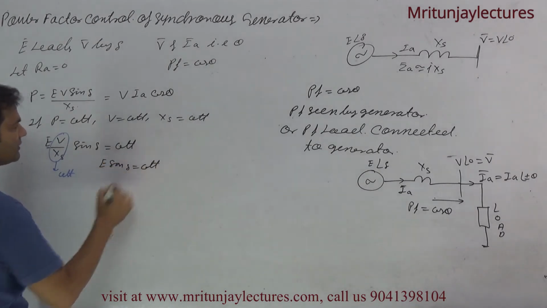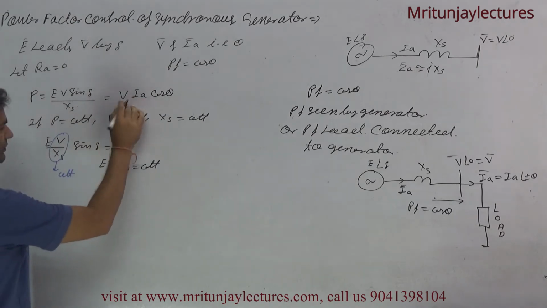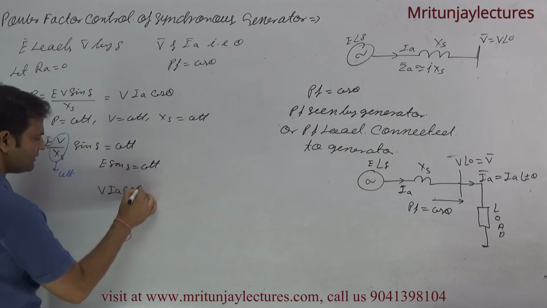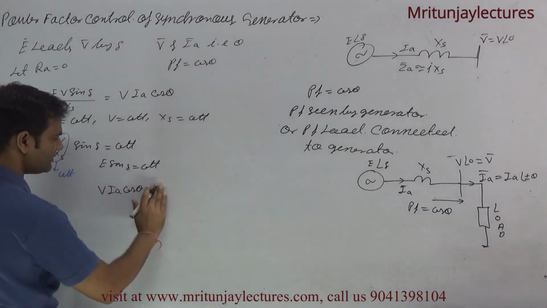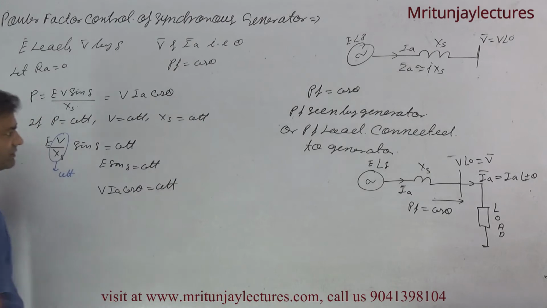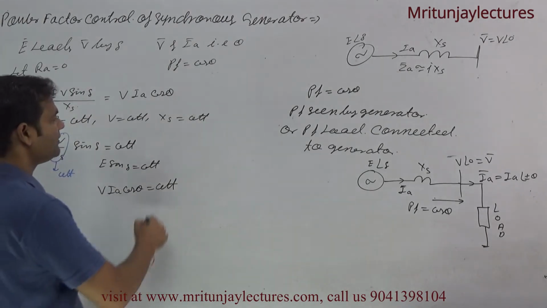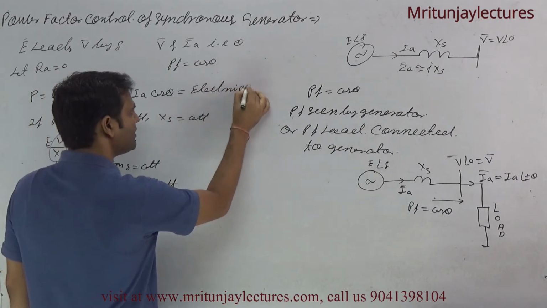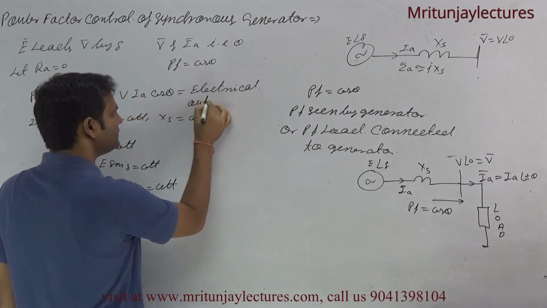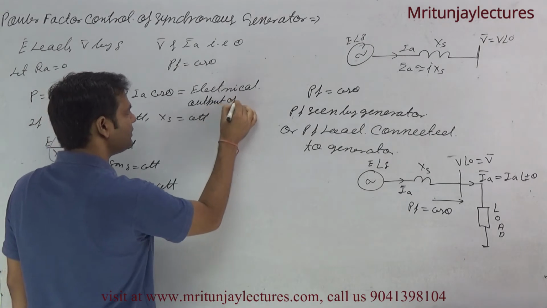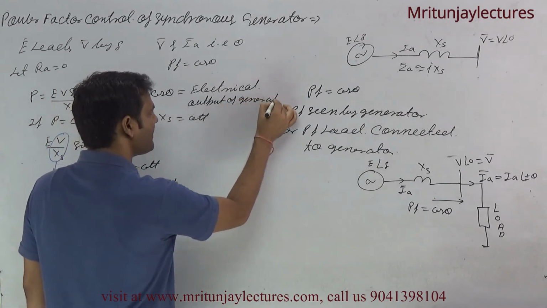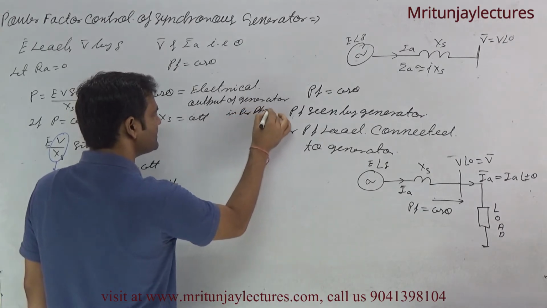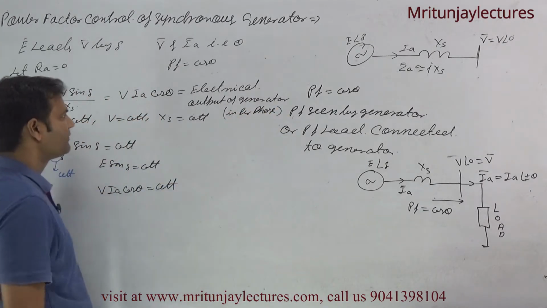Now V into IA into cos theta will be equal to a constant, because this is the electrical output power of the generator per phase. Clear?